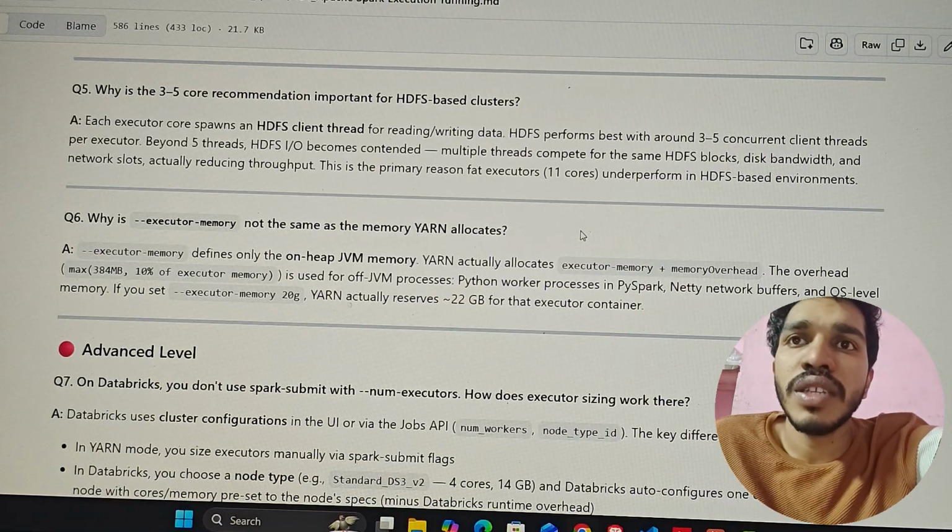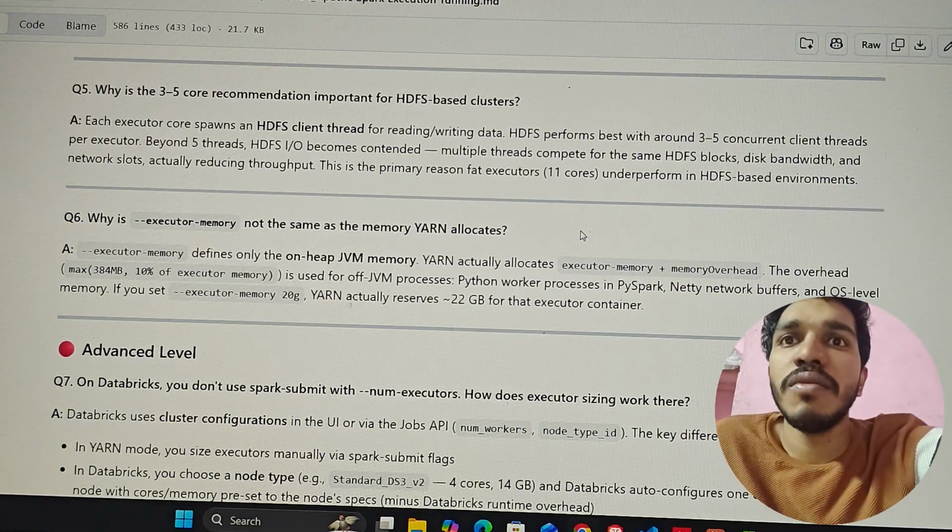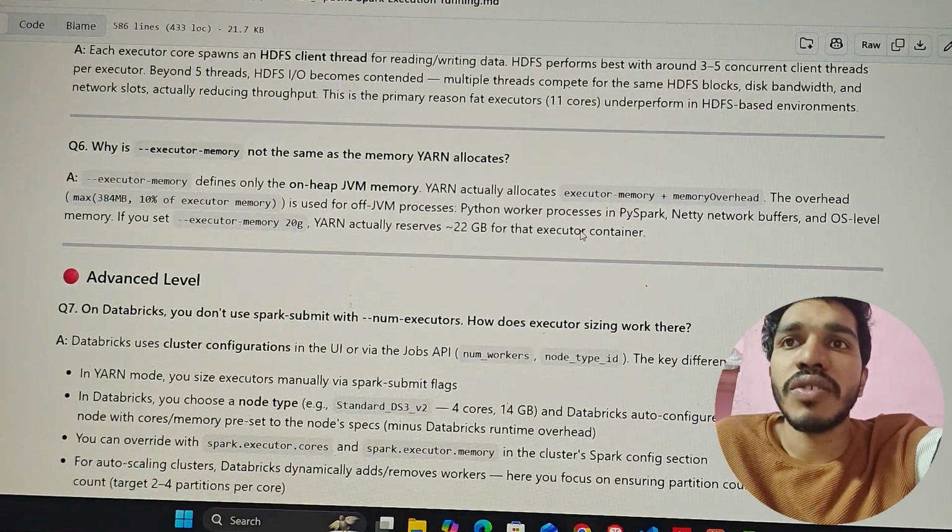Beyond 5 threads, HDFS IO becomes contended, meaning multiple threads compete for the same HDFS block, disk bandwidth, and network slots, actually reducing throughput. This is the primary reason fat executors underperform in HDFS environments.